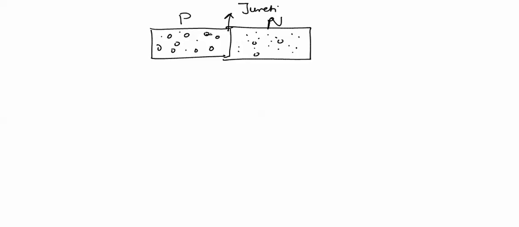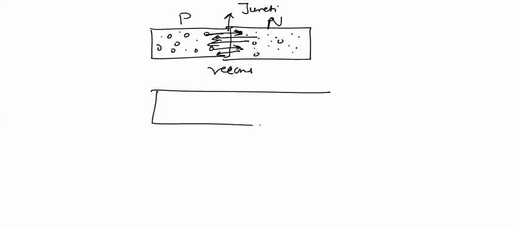Due to higher concentration of holes on P side with respect to N side, these holes will diffuse towards N side and these electrons will diffuse from higher concentration to lower concentration towards P side, and there will be a large number of recombinations and a depletion layer is formed near the junction.